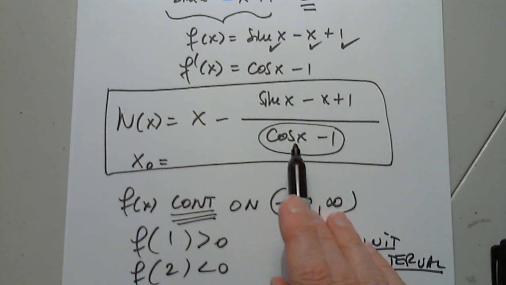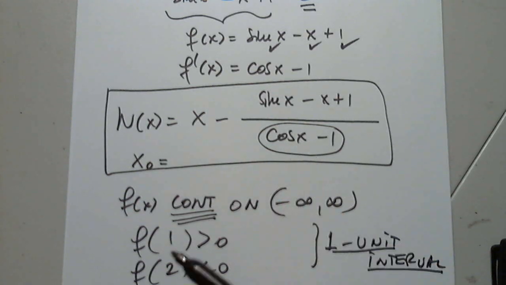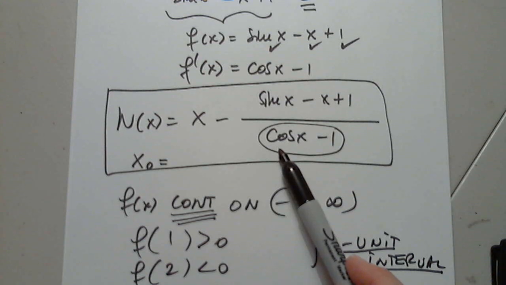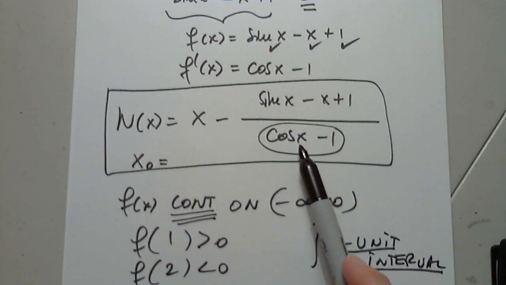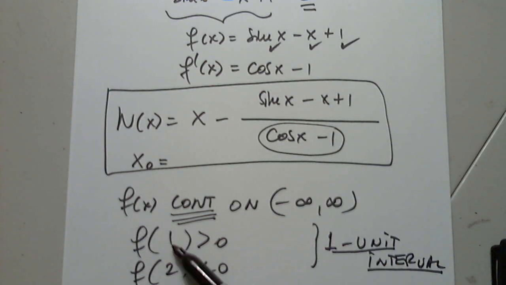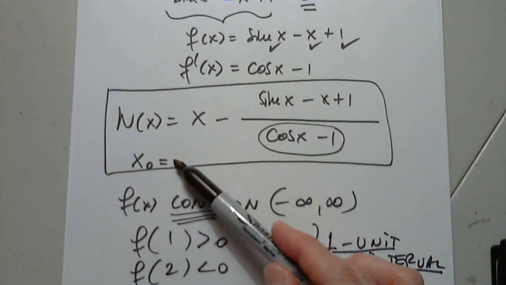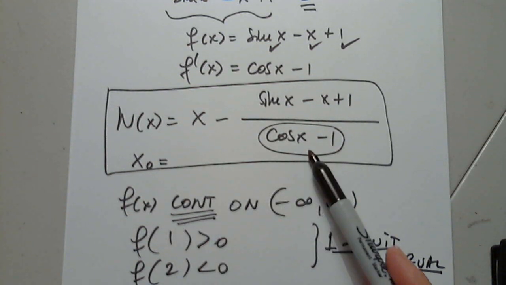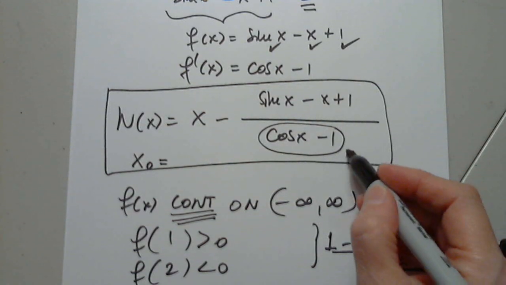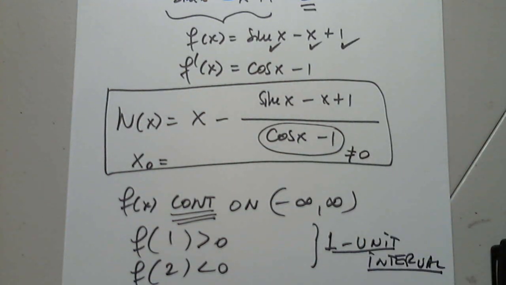But cosine is 1 only at 0. Well, I don't have 0 here. It doesn't matter where I start because cosine is 1 only when x is 0, but I don't have x equals 0. I can start with 1 or I can start with 2 because cosine x minus 1 will not be 0 at either one. That's my first concern.